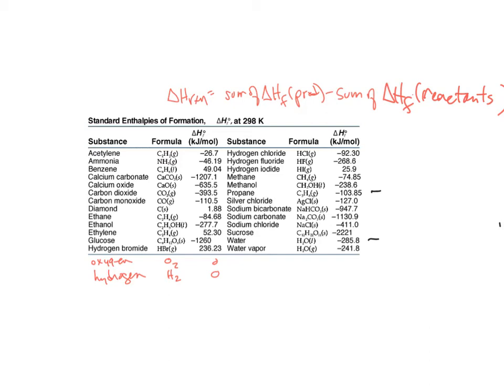You've got propane, and that is negative 103.85. Oxygen is going to be 0. CO2 in the gas phase, carbon dioxide, is negative 393.5. And let's use water in the liquid phase, negative 285.8.